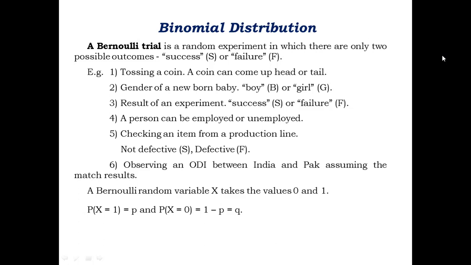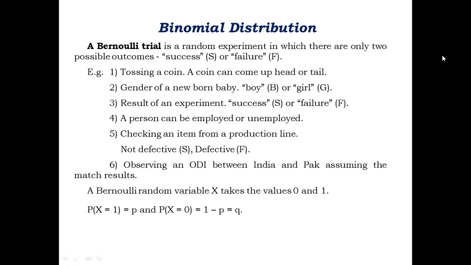Bernoulli trial is an experiment in which exactly two outcomes are possible. Tossing a coin, gender of a baby, result. So many are examples, and out of the two outcomes, we are going to pick one that is called a success, and the other outcome which we will not like to have is called a failure.